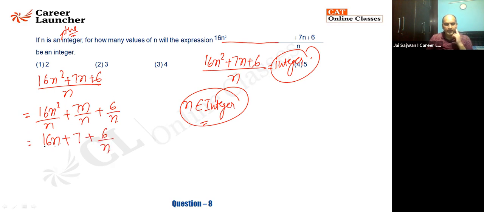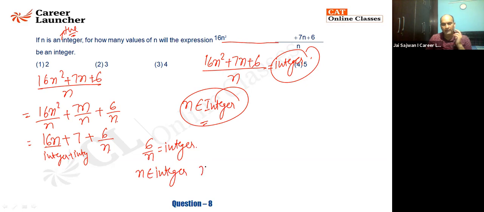I know if n is an integer, 16 into anything is an integer. This is also an integer. I want 6 by n also an integer. This is an integer only if n is a factor of 6.